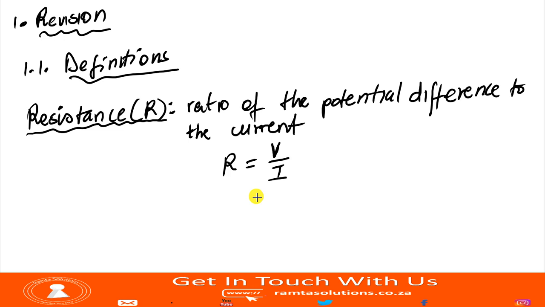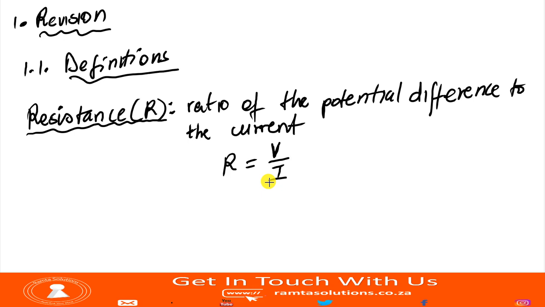Hence, the relationship is inversely proportional. If resistance increases, current decreases. If resistance decreases, current increases. Increase of one is a decrease of the other, and vice versa.